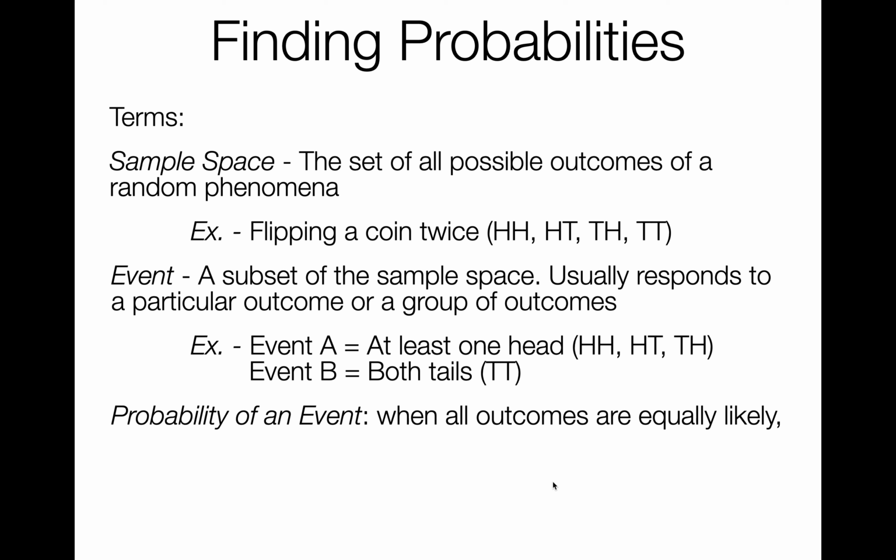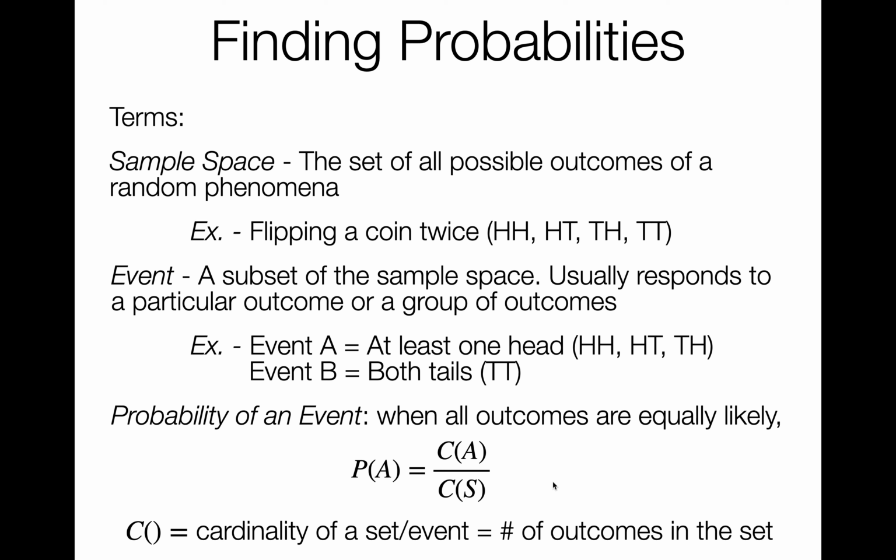So when that is true, I can define the probability of an event A as this. I've got some mathematical notation going on here: C of A over C of S. This C function is called the cardinality function. It counts the number of elements in a set. So this is like a mathematical object. That C function counts the number of elements in the set.